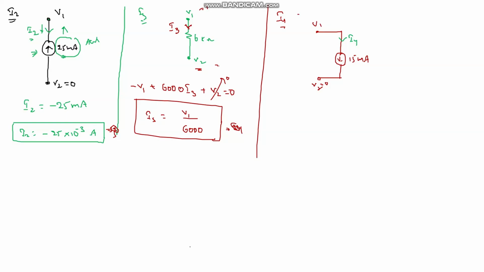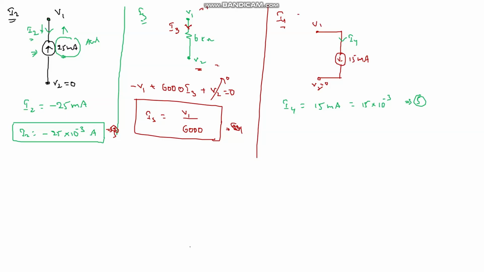Since it is a current source, the current passing from V1 to V2 is 15 milliamps, equal to I4. The assumed and actual current directions are the same, so I4 is 15 into 10 to the power of minus 3. Let it be equation number 5.